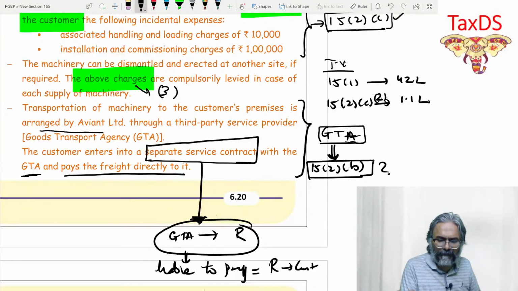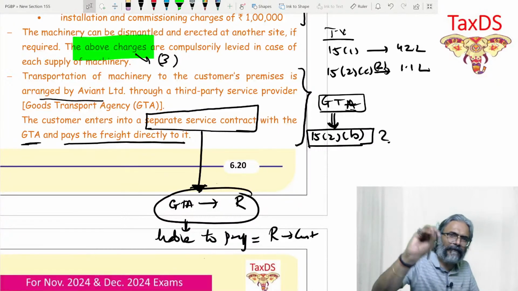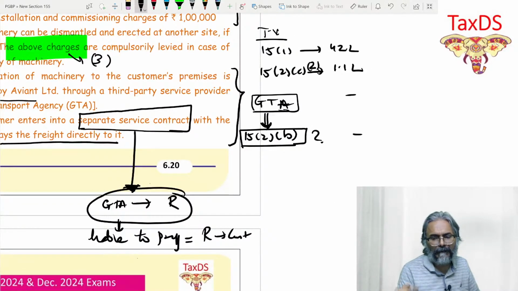Therefore, if the recipient customer is liable to pay because of the service contract, whether 15.2b will be applicable, the answer is no, so nothing would be added. Not applicable. Why?